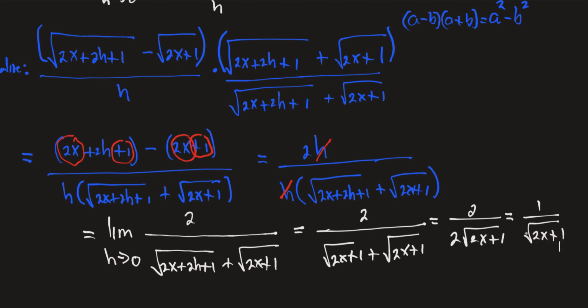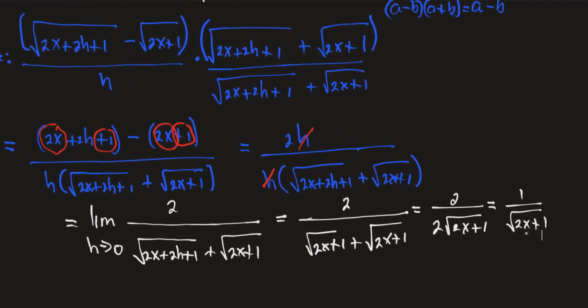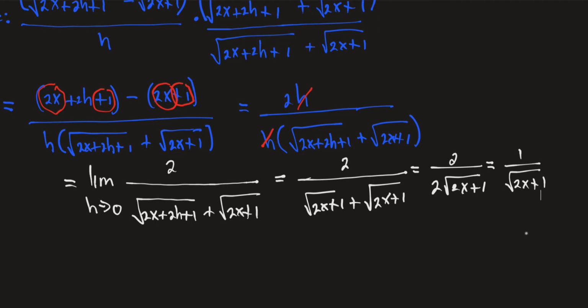And that's the derivative of our function. All right, so let me again summarize what we just did. We might even have forgotten what our original function is: it's the square root of 2x plus 1.